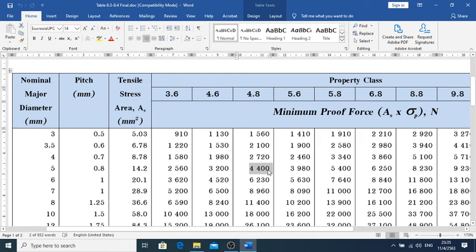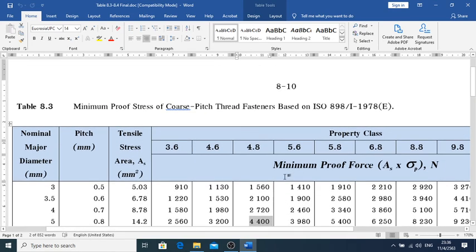So we can design the bolt to use at least this force. Of course it can withstand much more than that, but they guarantee that the bolt can withstand a force of 4,400. So this is the guaranteed force that we're going to use.